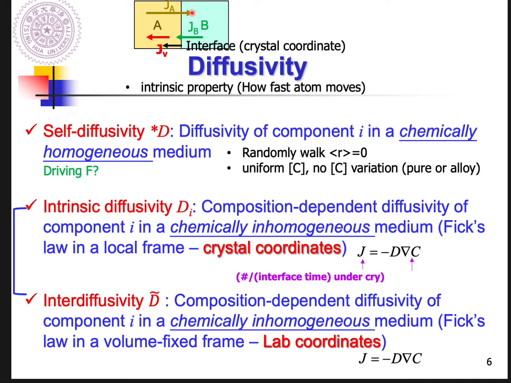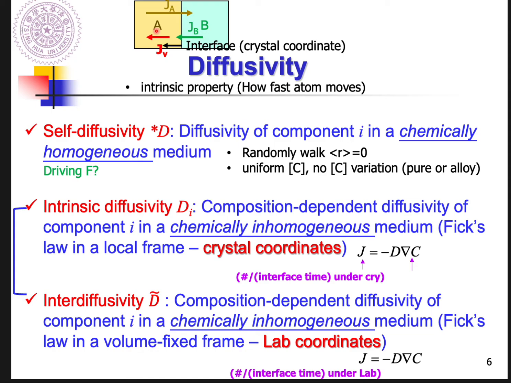Because there are always more A atoms moving to the right-hand side, and fewer B atoms moving to the left-hand side. That would cause your material to move over time, but that is not going to happen, right? So the net flux at any specific plane should equal 0. Based on this, we can draw a vacancy flux to balance the atomic flux of A atoms. Okay, so we got the vacancy flux toward the left-hand side.